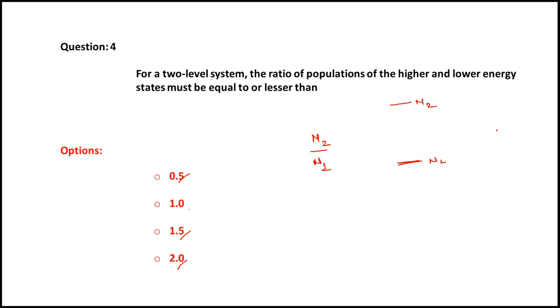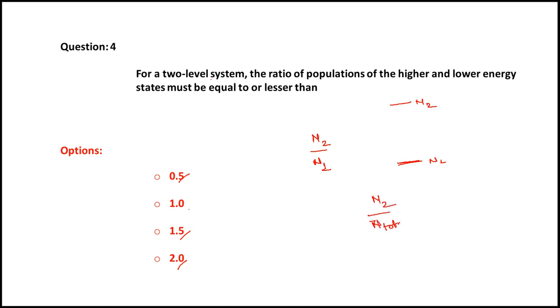Their answer is 0.5 for N2 by N total, that is less than half. But if I put N1 plus N2 instead of N total and then derive N2 by N1, I'm getting 1.